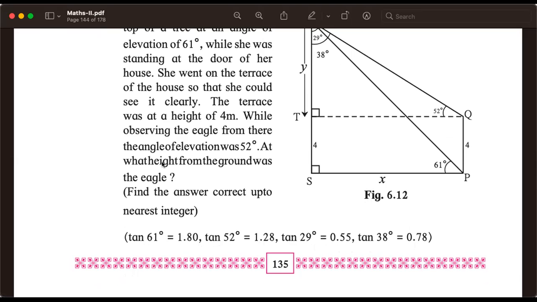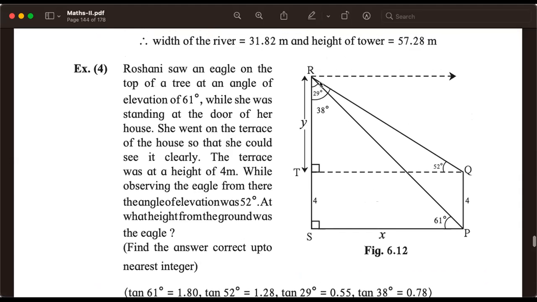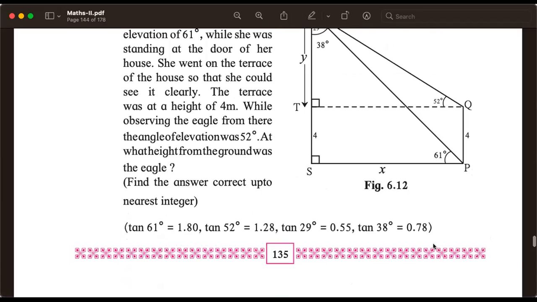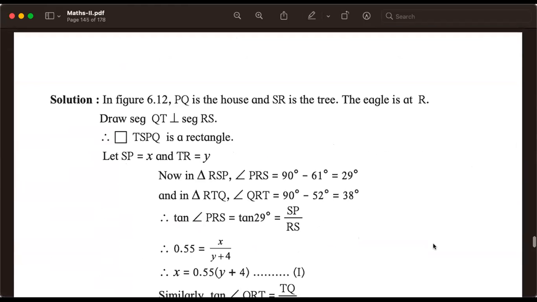So the question is, at what height from the ground was the eagle? That means, what is the height of the tree? If this part is 4, we already know that this part will also be 4. So all that remains to be calculated is this part. We know the angle. So we have assumed that the house is at a distance of x meters from the tree, and we used some algebra.